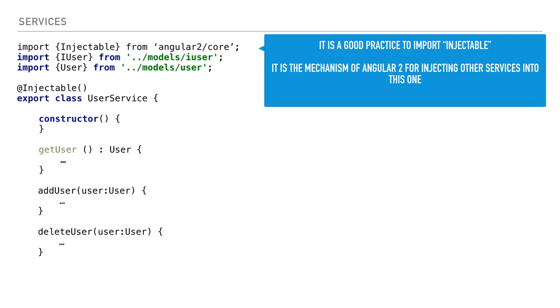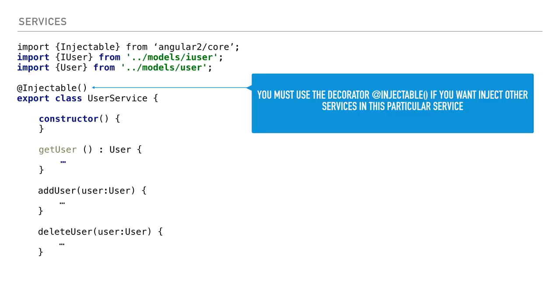And from Angular 2, it's a good practice to import from the Angular core library the Injectable decorator, and then tell our class that we are using the Injectable. And with this, we are telling Angular, okay, this service can inject other services in the constructor.